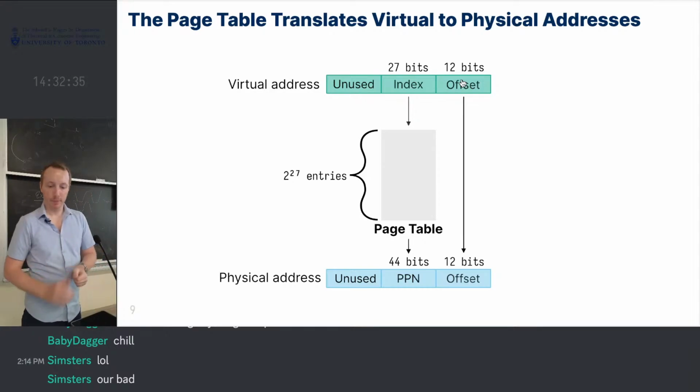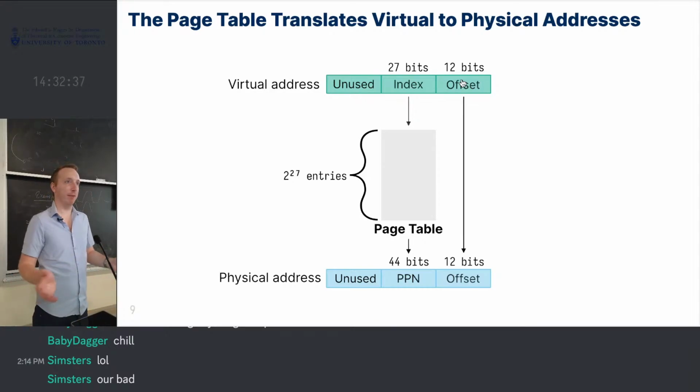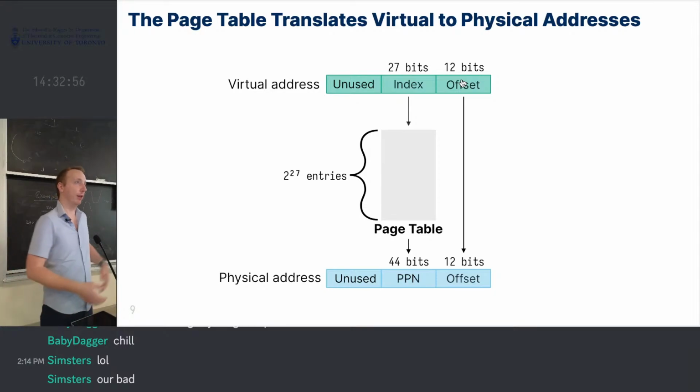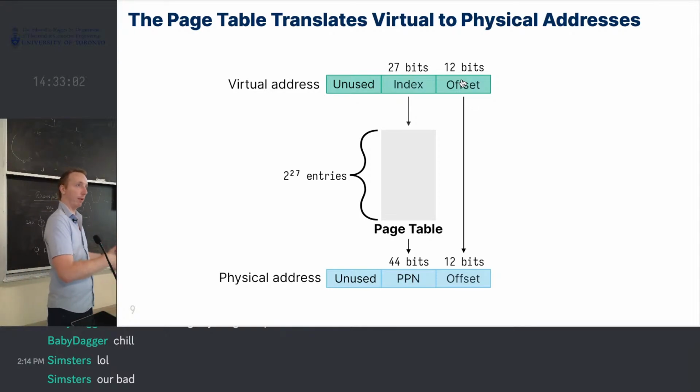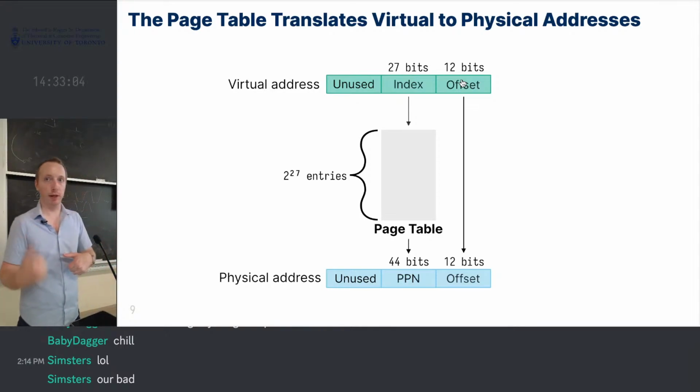That's important to note because having this offset, you also have some restrictions where pages have to start, at a number divisible by the page size, so everything lines up, and you don't have to do any messy translation or hard addition or multiplication or anything that's slow. You just keep the offset the same, and that's it. Then you just figure out which virtual page corresponds to what physical page.